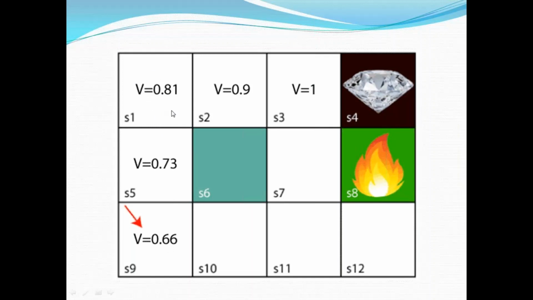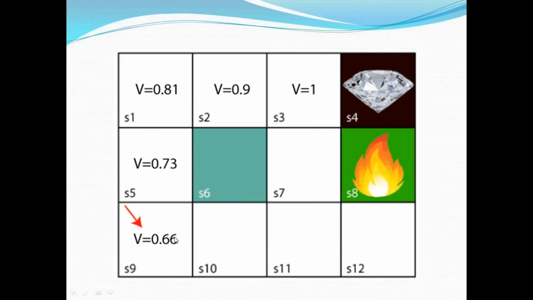Now if the machine is in the S1 state, it can move to S2 only, because that is increasing the value. Right? So the path will be taken in such a way that the value will increase until it reaches the final state.